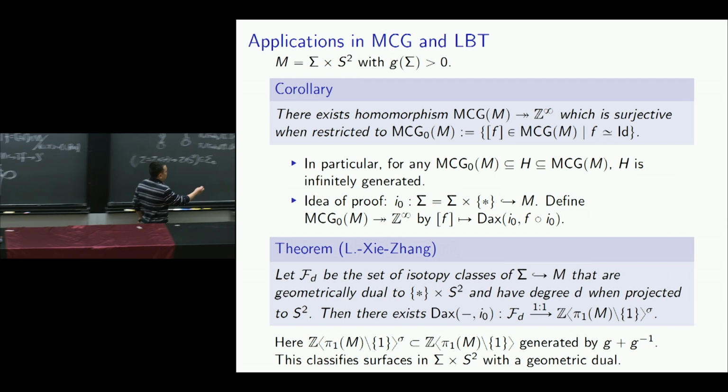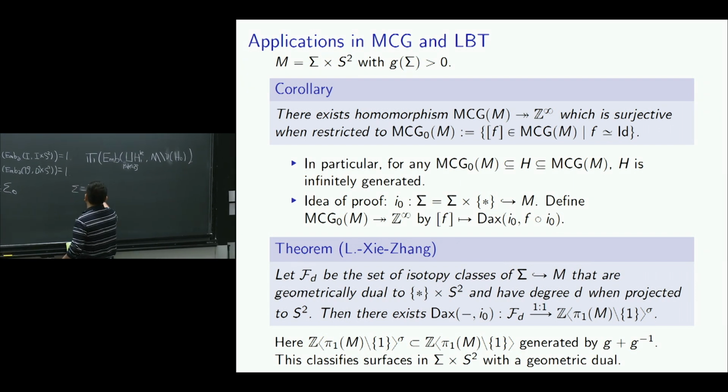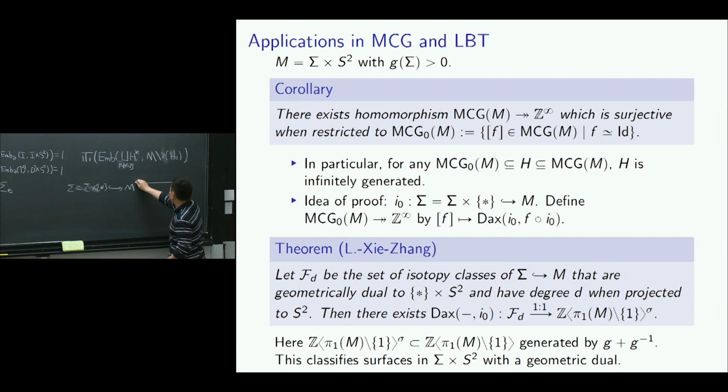That means we have a standard embedding. So it's just like this. Now you can take parallel copies of S2 and smooth out the double point. This gives you a standard embedded surface in a given homology class.